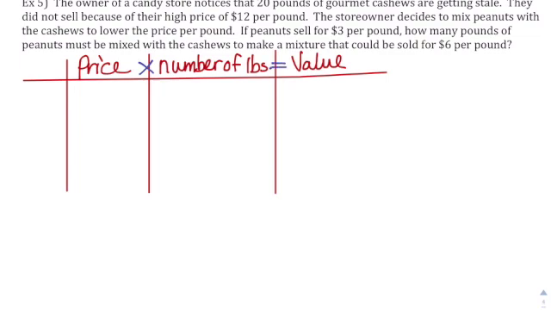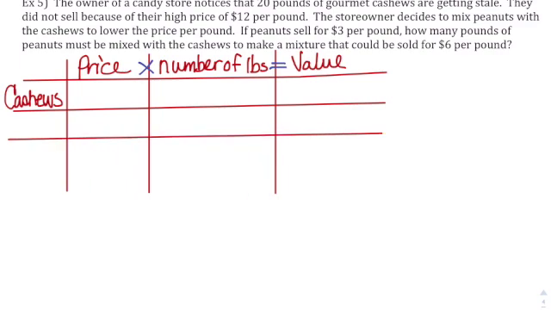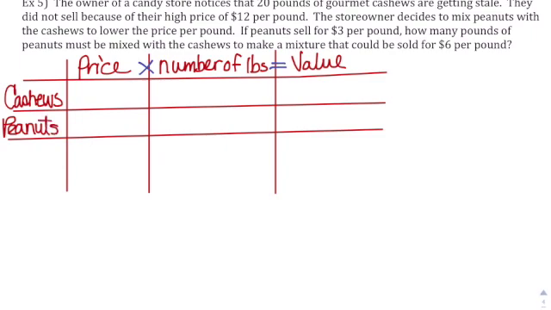Okay, on the side we have the regular expensive cashew, and we have the things they want to add in, the peanuts, and we have the mixture of the two.